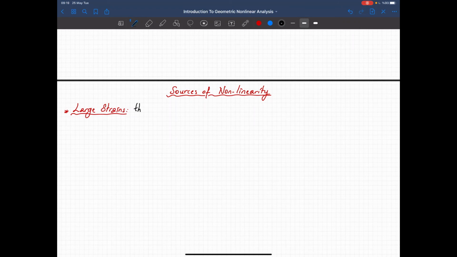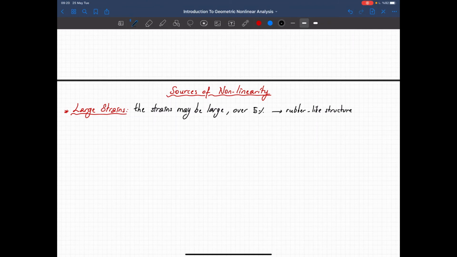We say that the strains may be large over 5%, and we can see that in rubber-like structures. Or if you want to see the full yielding of steel, it deforms more than 5%, so we can just argue that it's a large strain problem.